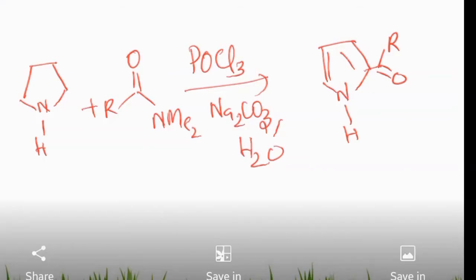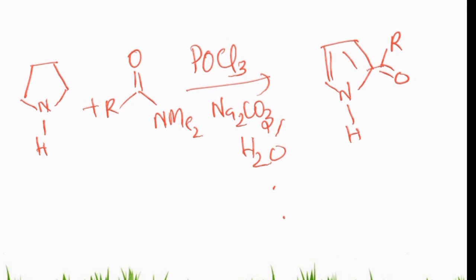Next, again we can have a reaction that is the Vilsmeier-Haack reaction. The reagents are entirely different, but surprisingly the Vilsmeier-Haack reaction also goes through the important iminium salt. Interestingly, Vilsmeier-Haack reaction is a substitute for Friedel-Crafts reaction.